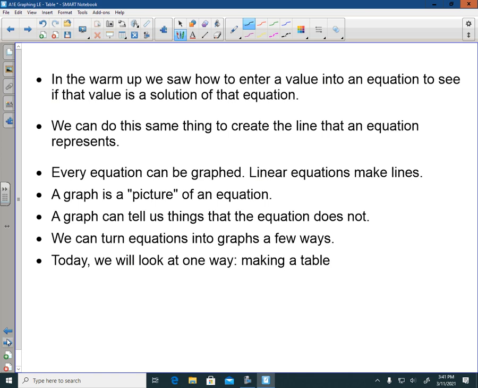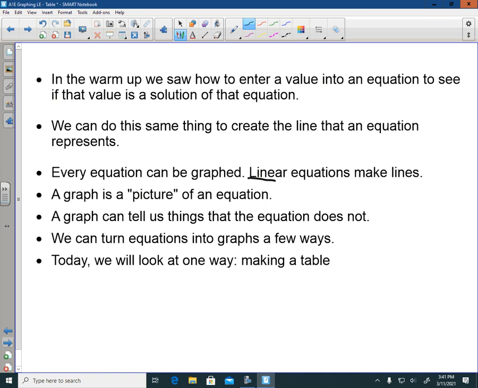In the last video, we talked about the difference between linear equations and non-linear equations. And basically the idea was that an equation is going to be a linear equation if it makes a line. And now we're going to be actually making those lines because every equation can be graphed. Linear equations make lines. The word line is right in that linear part. So linear equations make lines.